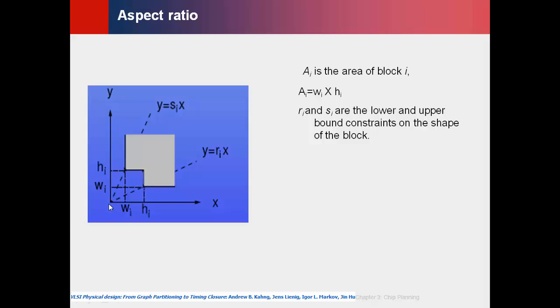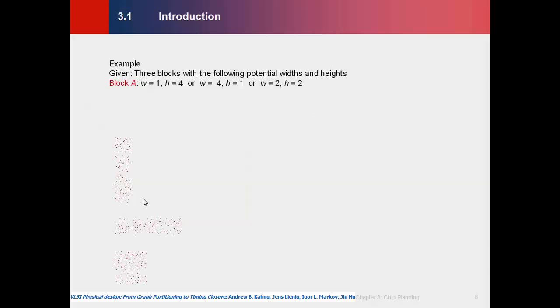It says that when the slope is Ri, you have a width Wi and a height Hi, or you can have a height Hi and a width Wi. Basically, this is just to avoid the blocks being very long or very thin in the floor plan.